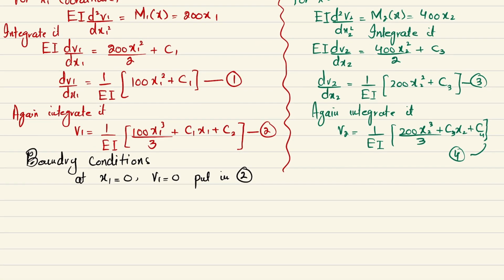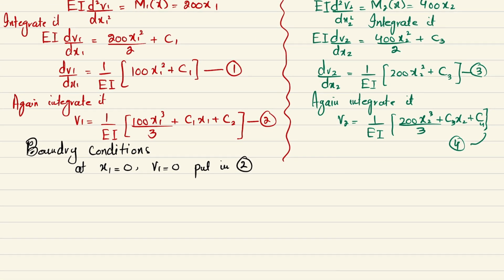So when you put this in this equation, the x terms vanish and v1 will be equal to 0. We are left only with c2 over EI is equal to 0. It means that c2 is equal to 0.